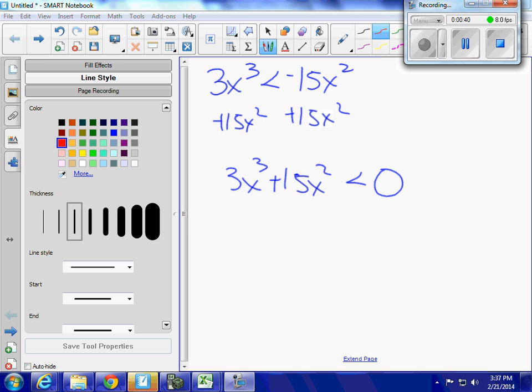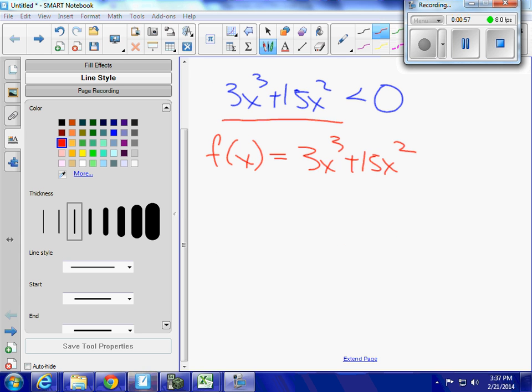What I'm going to do then is look at this side of the inequality and treat it as if it were a function. So f of x equals 3x cubed plus 15x squared. And what I need to do is find all of the zeros of this polynomial right here.